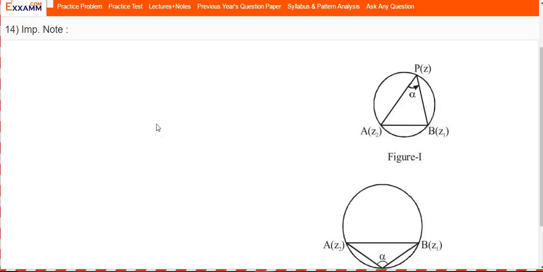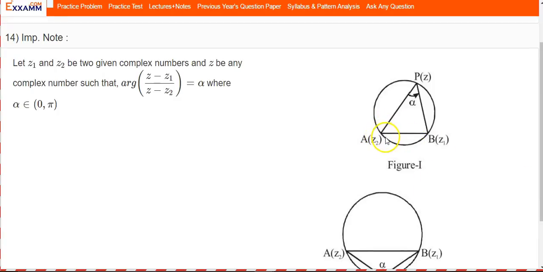Now I would like to bring to your notice a very important note. Suppose Z1 and Z2 are any 2 points on the complex plane, and Z is another, variable point, whose locus we have to find.